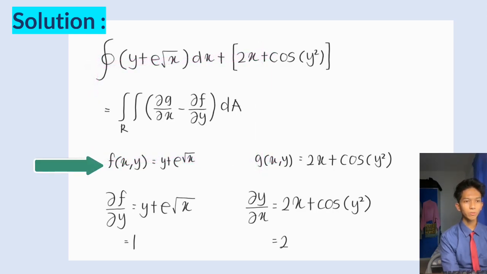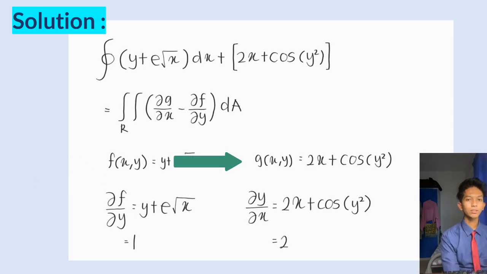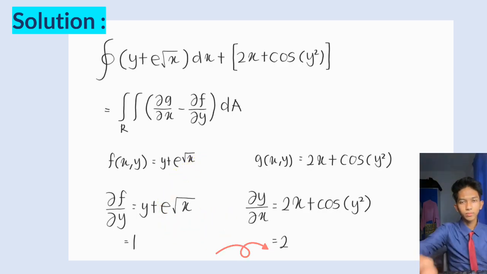For f(x,y) equals y + e^(√x) and g(x,y) equals 2x + cos(y²). For ∂f/∂y of y + e^(√x), we differentiate with respect to y and we got 1. For ∂g/∂x of 2x + cos(y²), with respect to x we got 2.